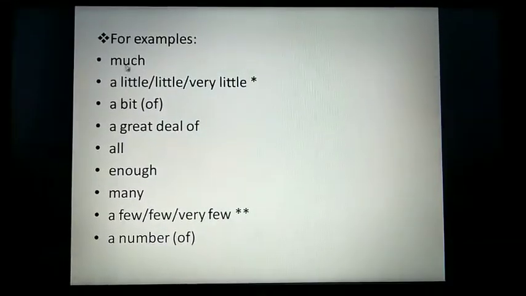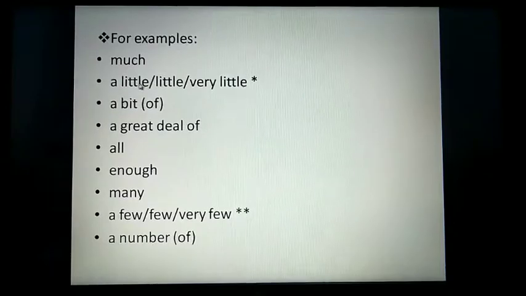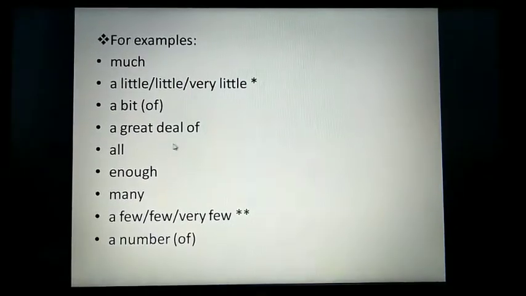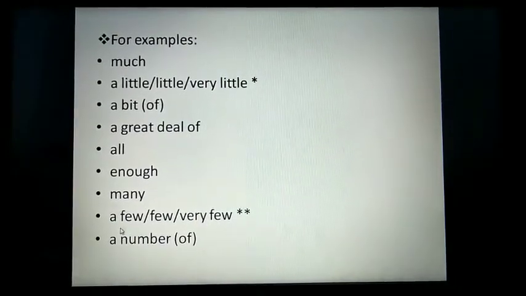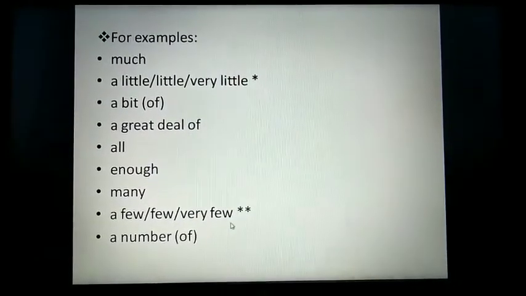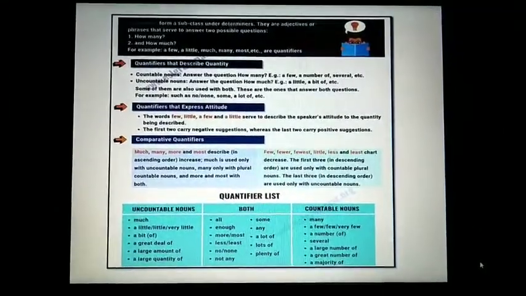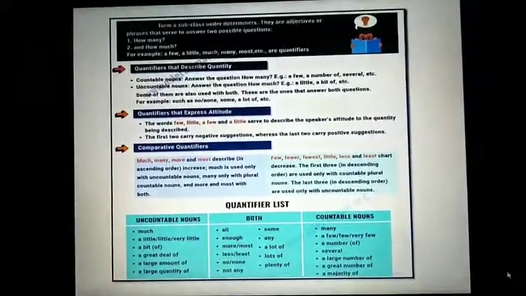For example: much, a little, little, very little, a bit of, a great deal of, all, enough, many, a few, few, very few, a number of. These are all examples of quantifiers.